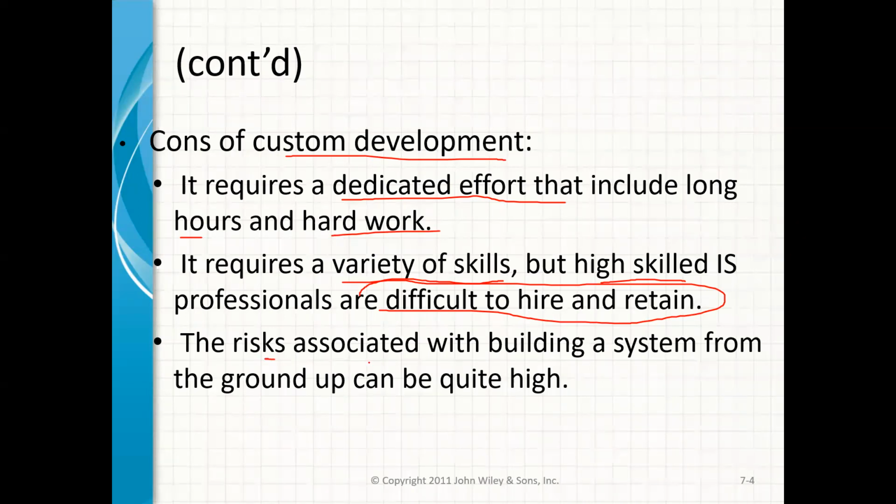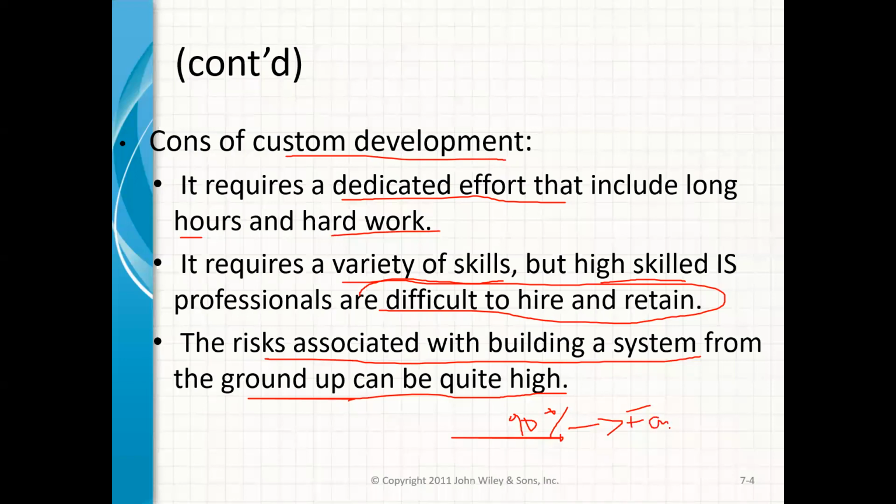So the risk associated with building a system from the ground up can be quite high. Eventually, more than 90% of systems developed from scratch may fail because of a number of reasons.